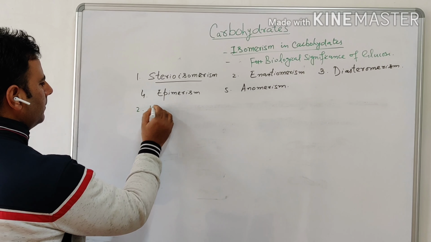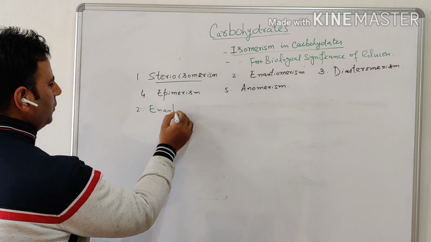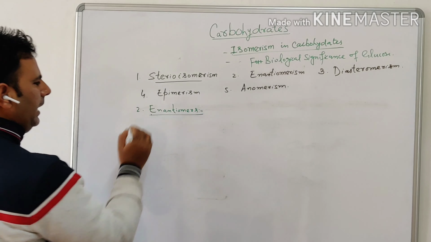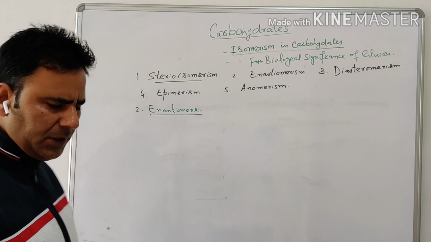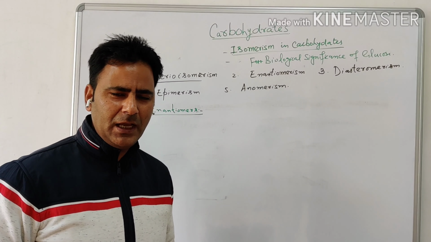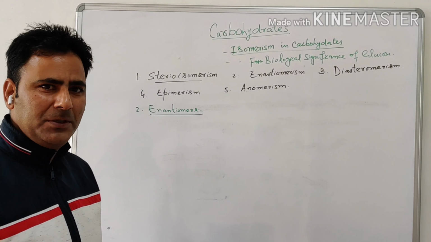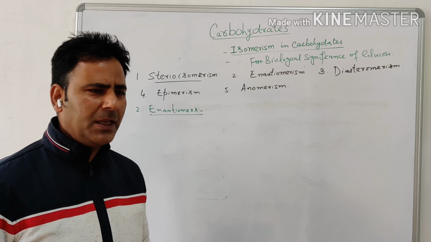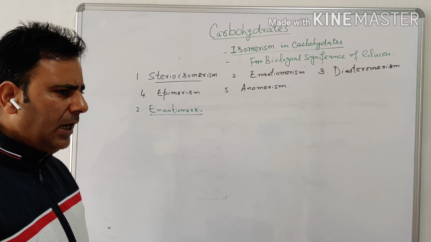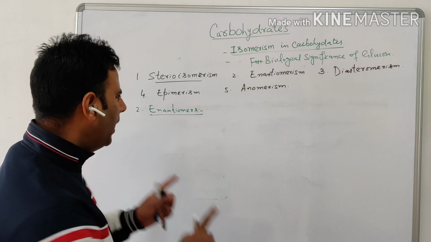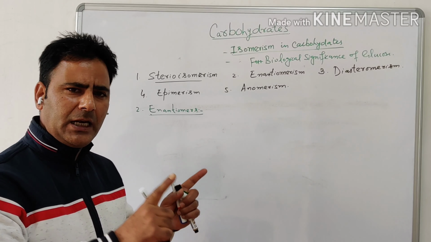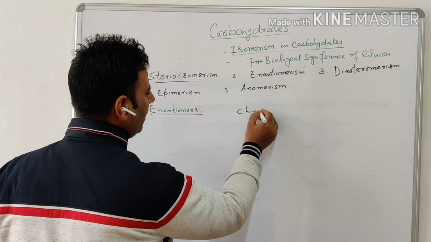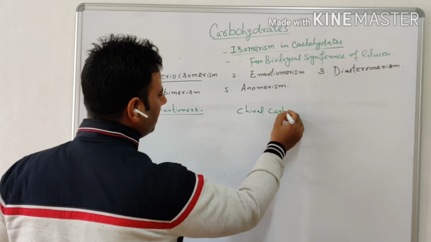Enantiomers are those isomers which are mirror images of each other, with the same molecular formula and an arrangement such that they are mirror images. What is the requirement for enantiomerism? The requirement for enantiomerism is the presence of a chiral carbon.